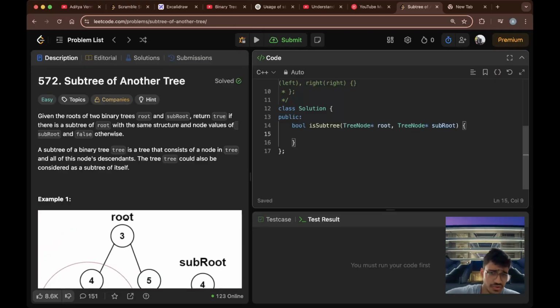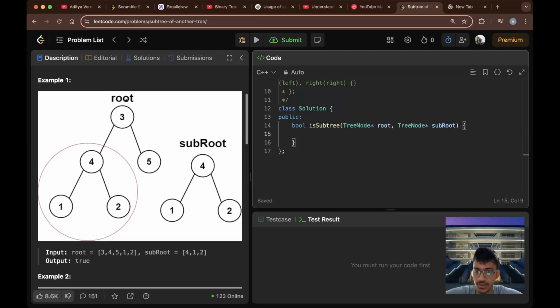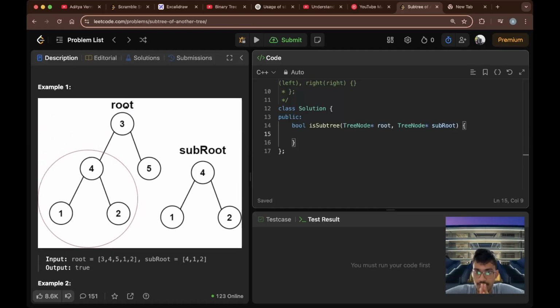So we're going to solve it by recursion because it is simpler to solve by recursion. We have root and subRoot, and we have to see whether it is a subtree or not. And root is also a subtree of itself. Okay, so what is the base case?